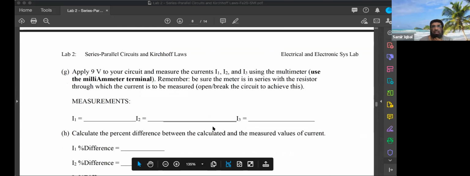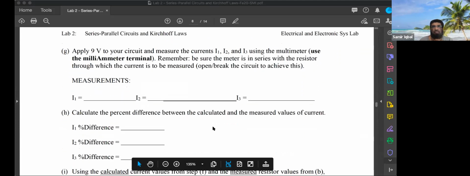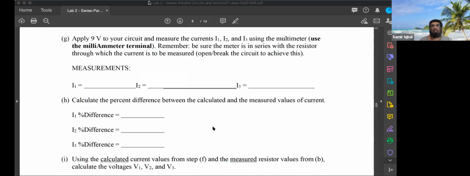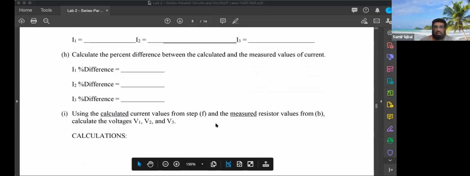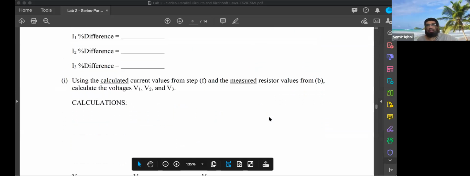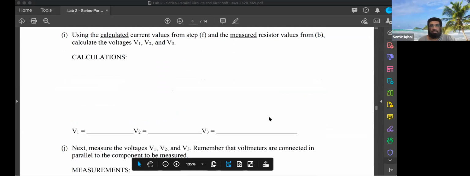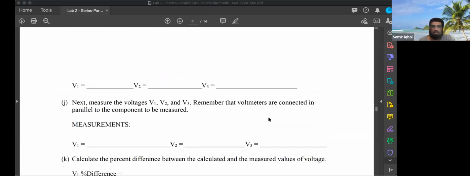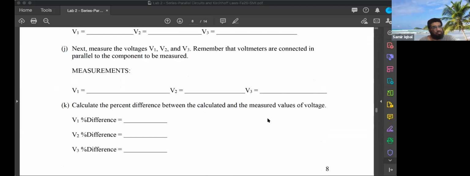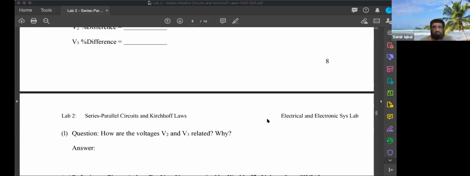So again, here you'll have to measure the currents, not calculate. Again, you'll find the percentage difference. Voltages, you'll have to find voltages, calculate and measure, and find the difference between them. Am I going too fast?